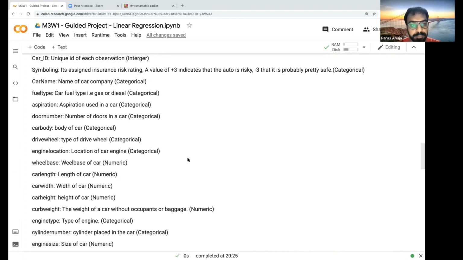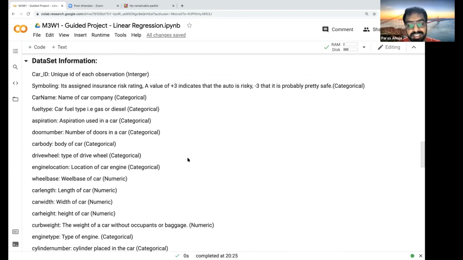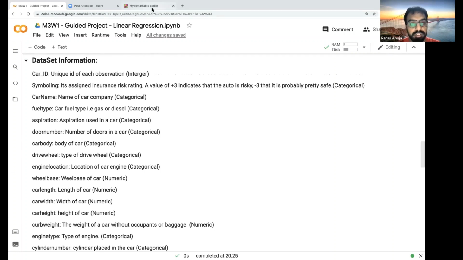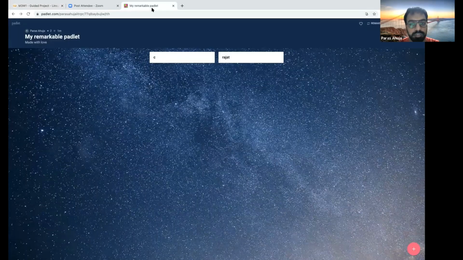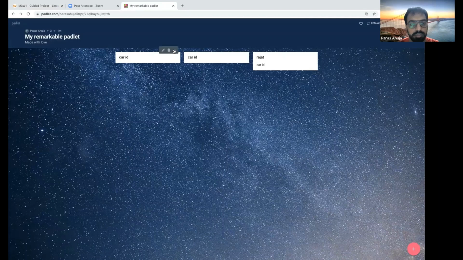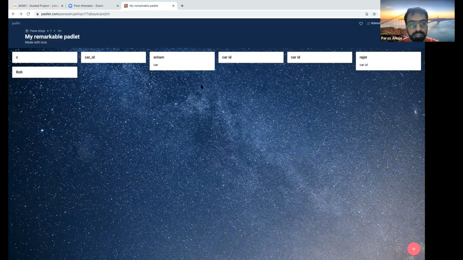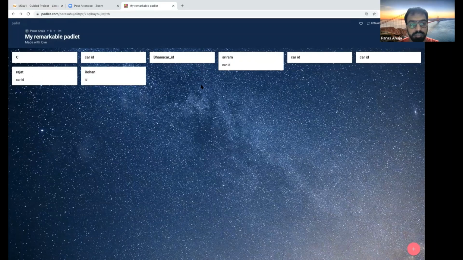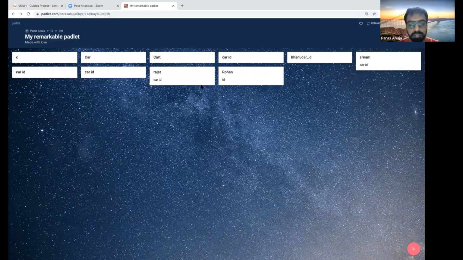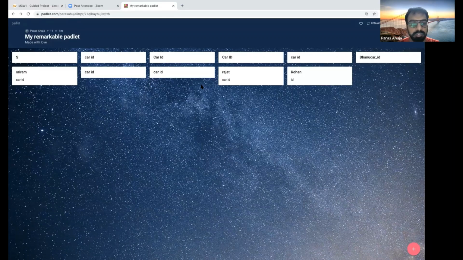One column name that has to be rejected straight away, where no analysis needs to be done. Right. So yes, car ID is the answer.